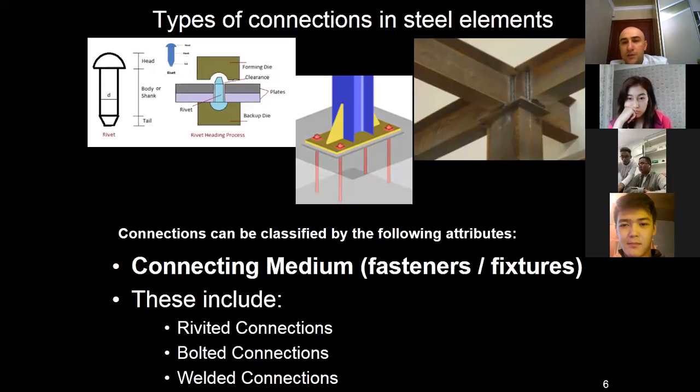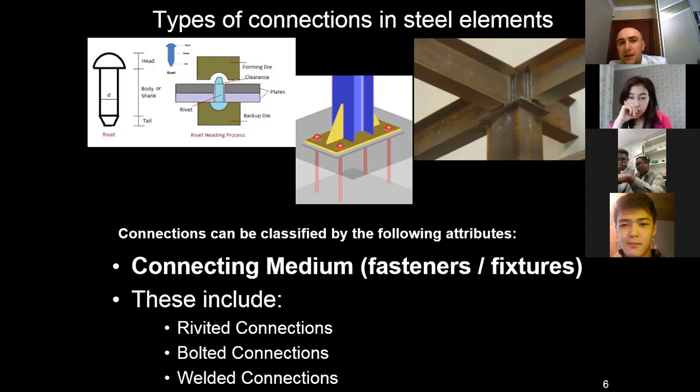The beams and columns, for example, can be designed well and produced well, but if their connection on the construction site is poor, it can lead to failure of the whole building, the whole structure.